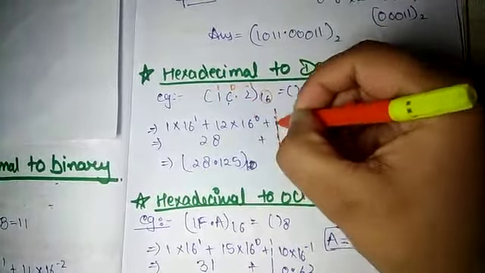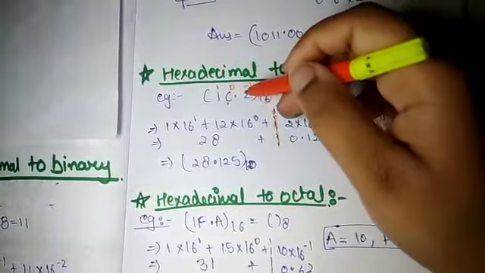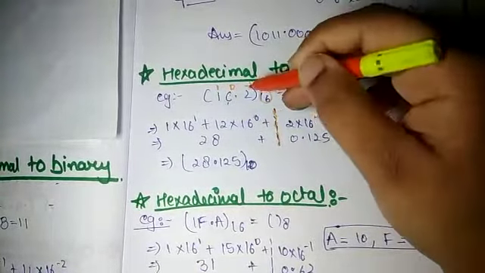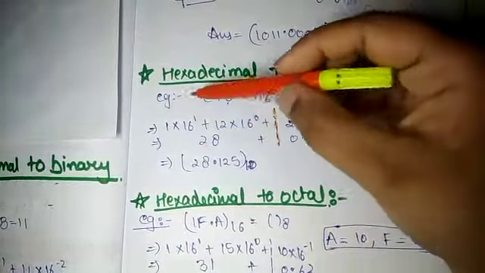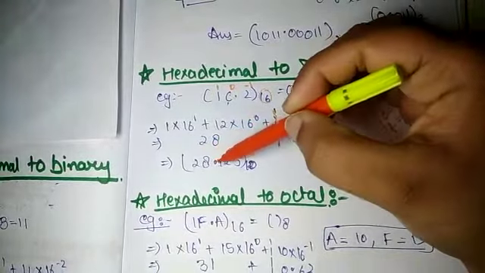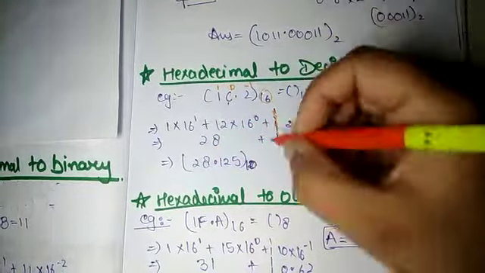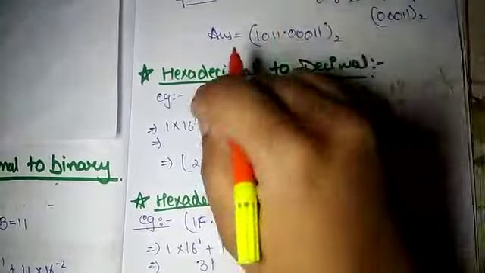There is a separation over here only for our convenience. Plus 2 into 16 power minus 1. So the summation of this will be 28 plus 0.125. The answer will be 28.125 base 10. This is the answer for the hexadecimal to decimal conversion.